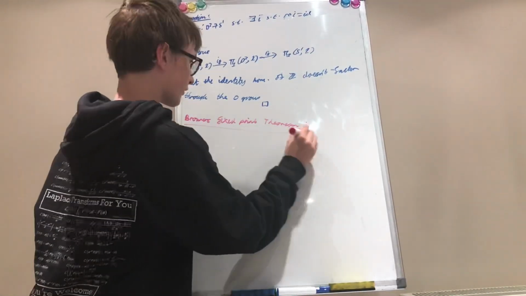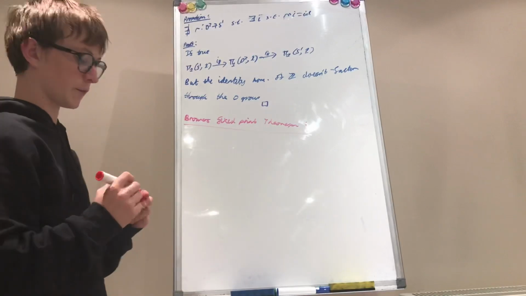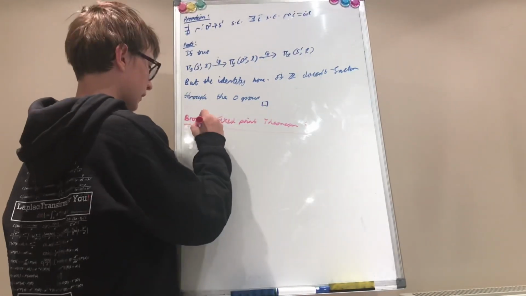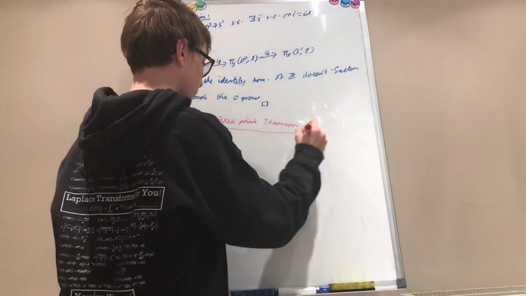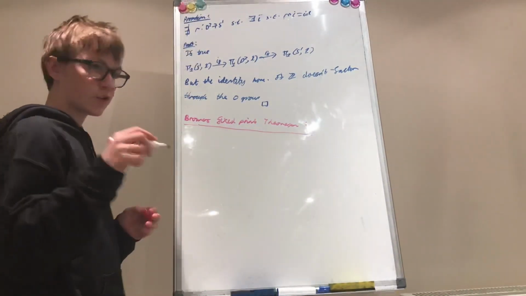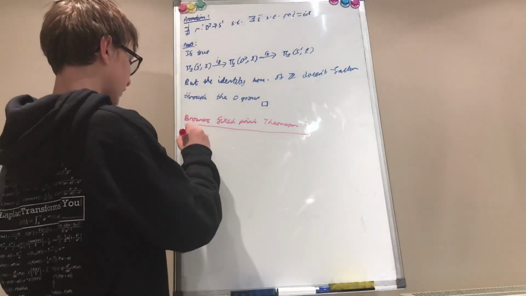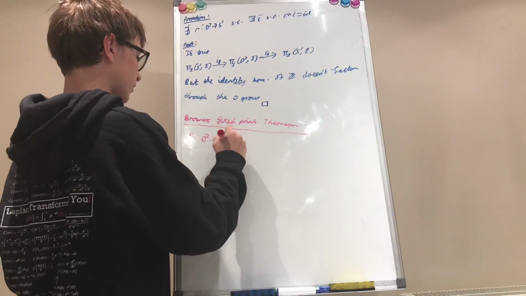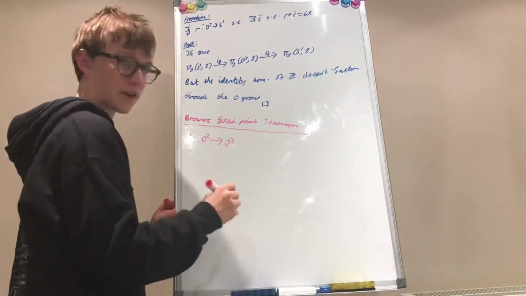This actually works of dimension n with homology groups and stuff, but I haven't introduced that yet in the series, so we're just going to look at Brouwer's fixed point theorem of dimension 2, okay? So, what it says is, any continuous map F, which takes you from the 2-disk into the 2-disk, has a fixed point.